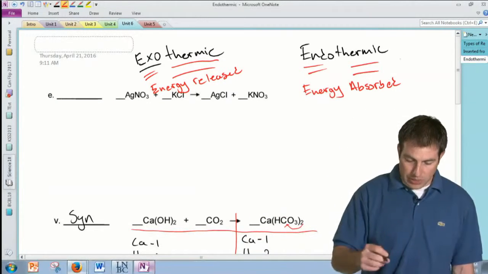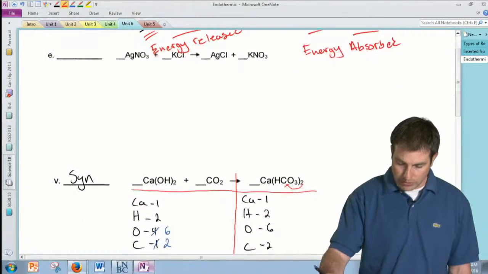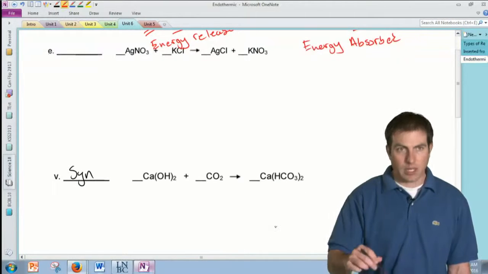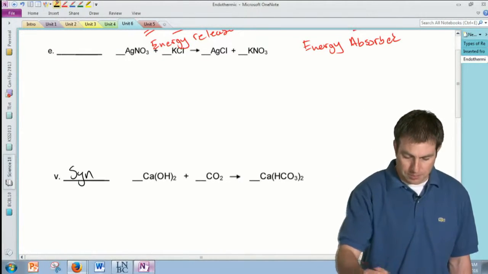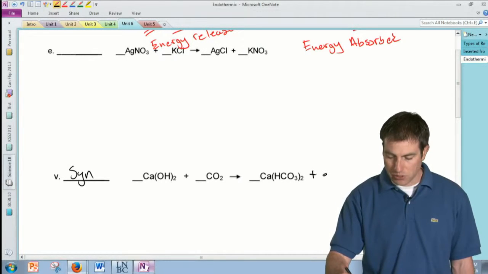So if I had a reaction like the one here, let's look at letter V down here. I talked a little bit about this when I was doing some of the demonstrations. If I have something that is exothermic, that means energy is released.